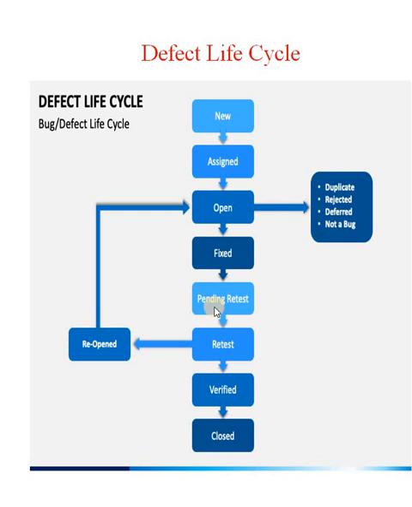And once you mark that defect as fixed, then the next state arises, which is pending retest. In this state, after fixing the defect, the developer assigns the defect to the tester to retest the defect at their end. Until the tester works on retesting the defect, the state of the defect remains pending retest, because once your defect is fixed, this fixed defect is assigned to a tester, because retesting is necessary.